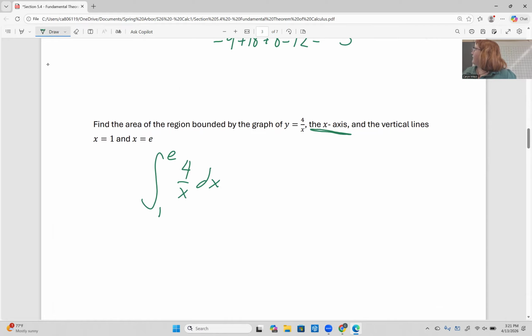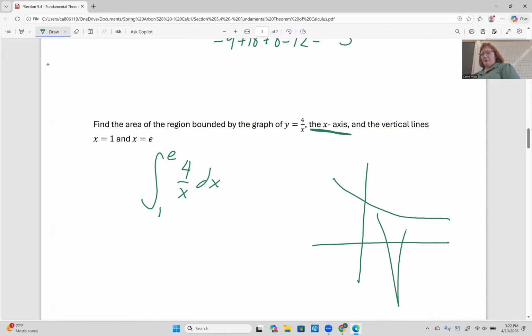That word is just part of the definition. Remember, basically every Calc 1 class gets to integrals by the end, and they talk about the integral meaning the area between the curve and the x-axis. One of the first times I taught Calc 2, a student came to me and said, okay, so it means the area under the curve.